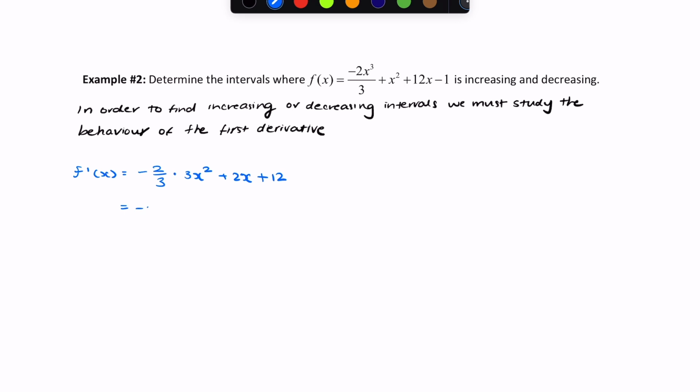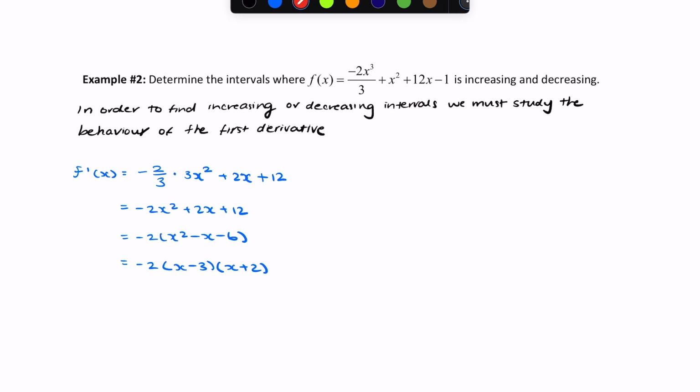It gives us negative 2x squared plus 2x plus 12. Factor the common factor of negative 2, left with x squared minus x minus 6. And here we can factor the x squared minus x minus 6 to give us negative 2 times x minus 3 times x plus 2.